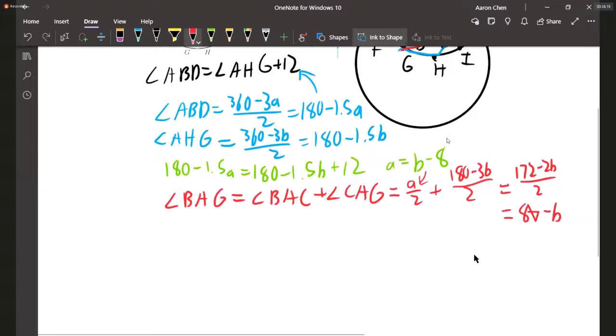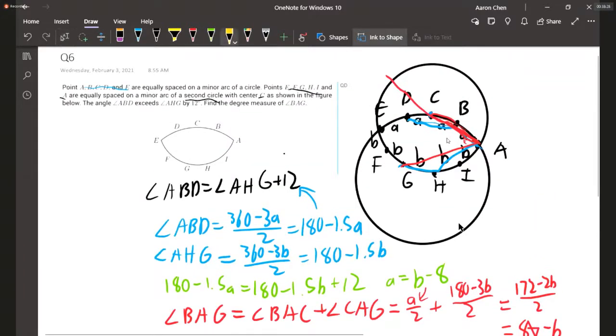And so now we just need to find the value of b. To do this, we can see that angle ECA is equal to 5b, and it's also equal to (360 minus 4a) divided by 2, which is 180 minus 2a.